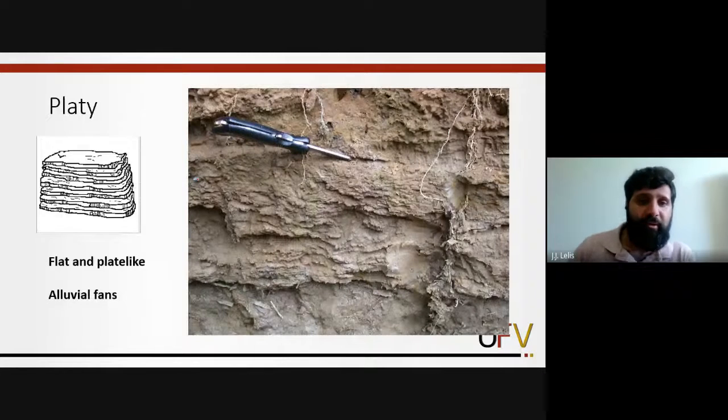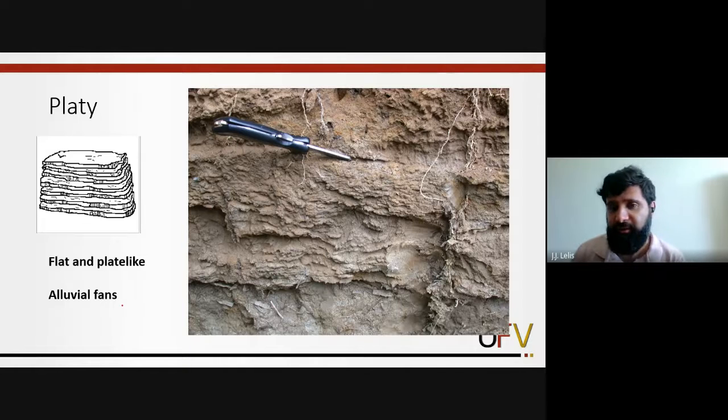We also can describe a platy ped, a platy structure. It's a flat, platy-like structure, like this in the picture. They are very common in alluvial fans, in terraces, in marine terraces, in materials that were recently deposited on the surface, so they preserve the structure of the sedimentation.